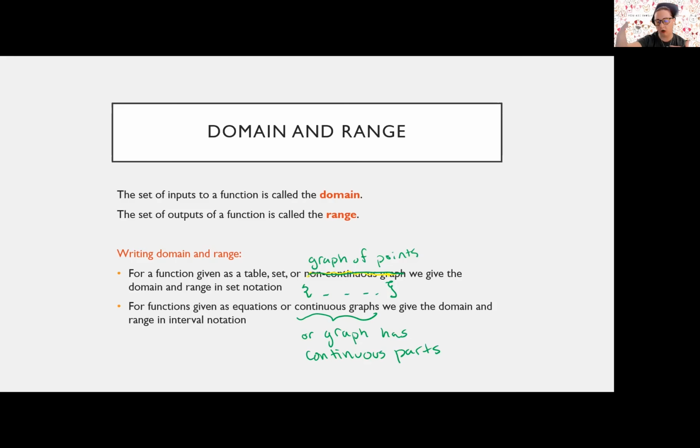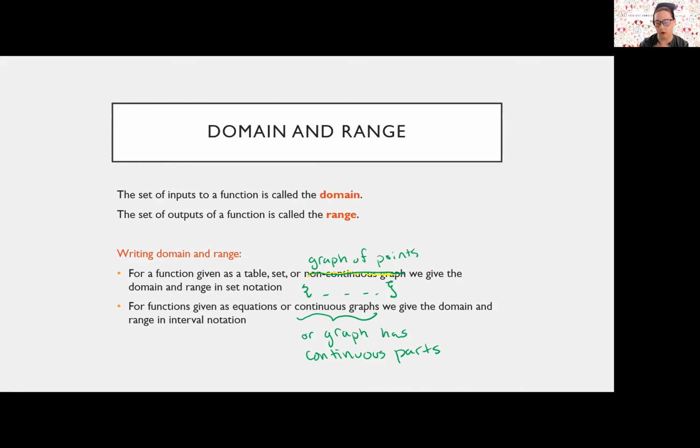Because if you see a curve on a graph, or any spot where you don't lift off a pencil, you basically have every single possible number between the two endpoints, and you cannot list all of those, because there's an infinite number of points between here and here if I'm connecting them with a line. You don't want to list every single possible value in between, because you get into these absolutely tiny fractions. That's basically impossible.